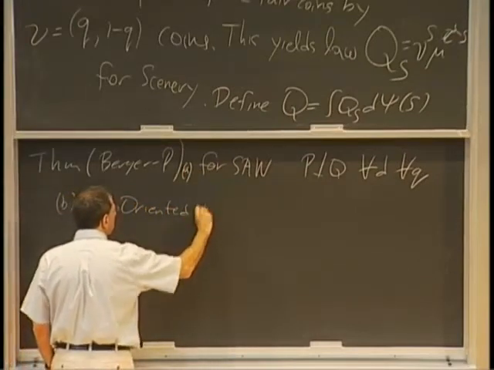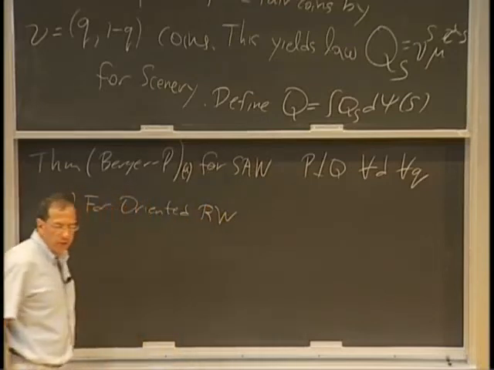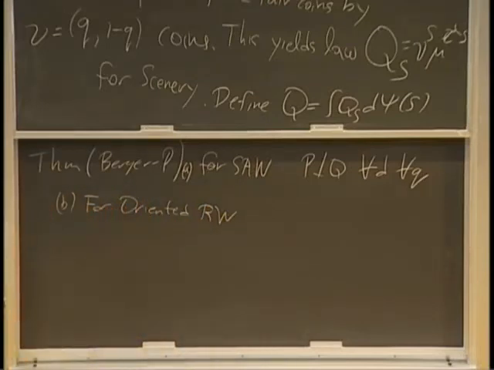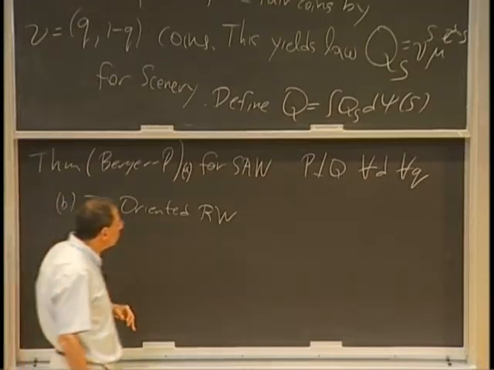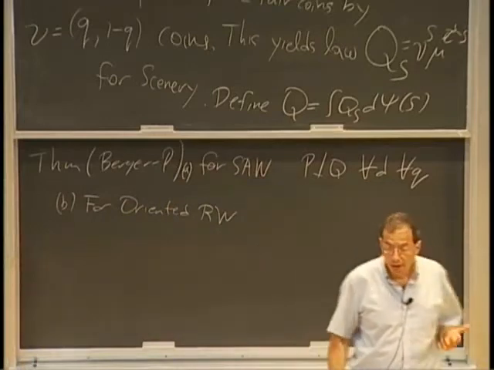What I'm talking about will work the same for any nearest neighbor biased walk, so any nearest neighbor walk that has non-zero mean. So what's going to happen then?